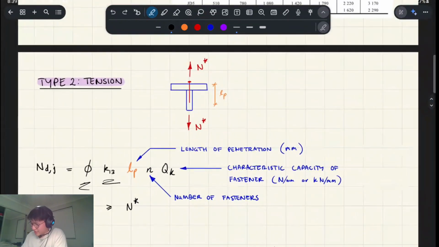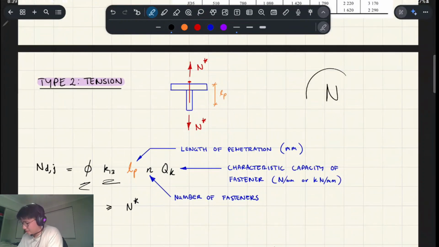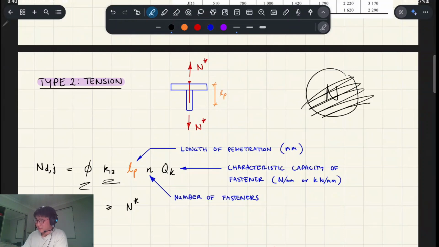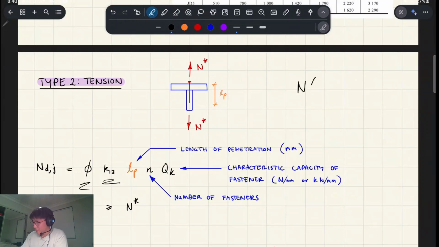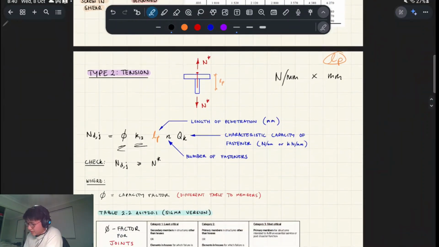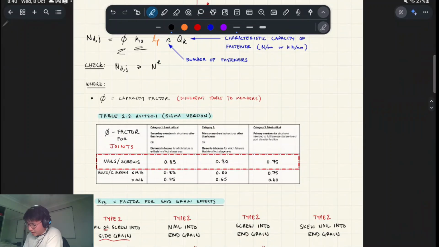For shear, like for the type 1 connections, you get everything in newtons, which you can then convert to kilonewtons. Here we get newtons per millimeter, and we have to multiply it by millimeters, that's what LP is. And then we get the force that we want.